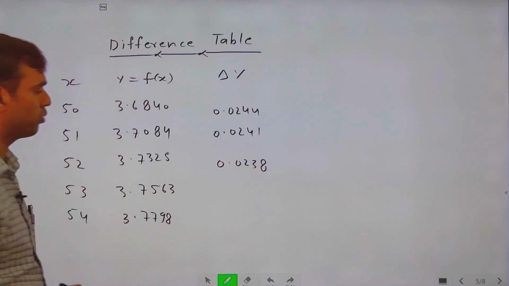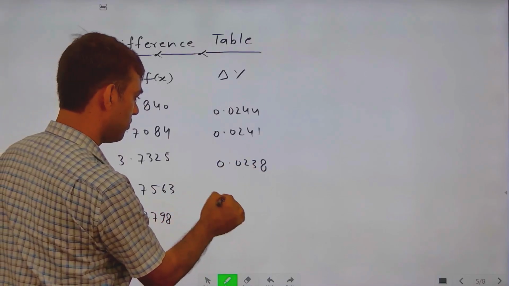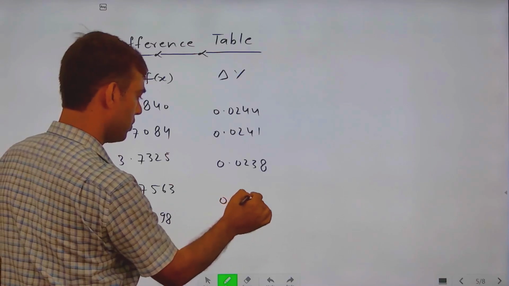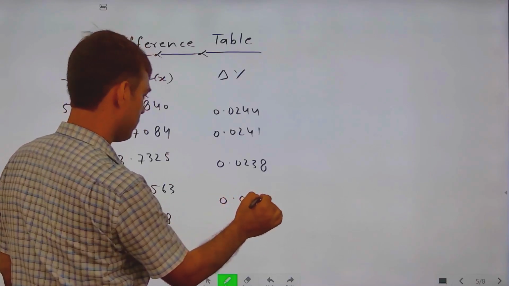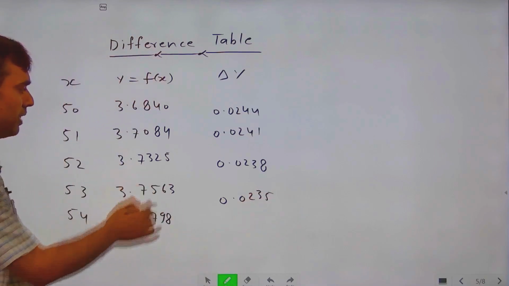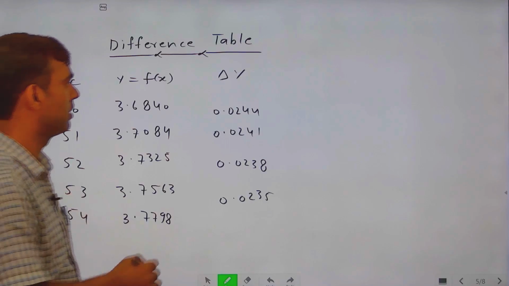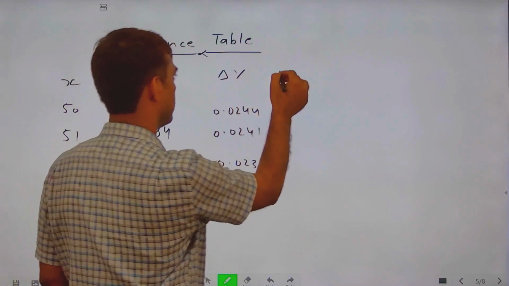So this is 0.0238, this one is the difference, and similarly the difference is 0.0235. 8 minus 3, 9 minus 6, 7 minus 5, 7 minus 7. So this is the first order forward difference.